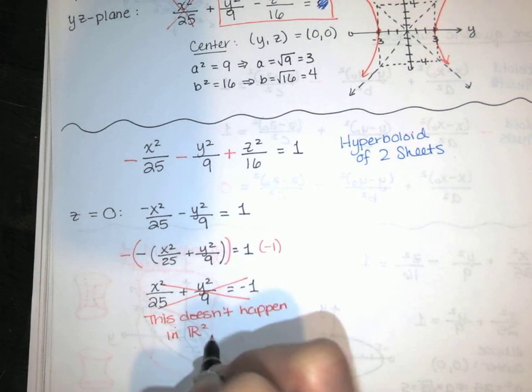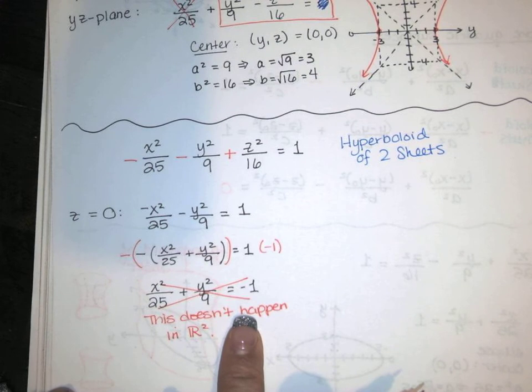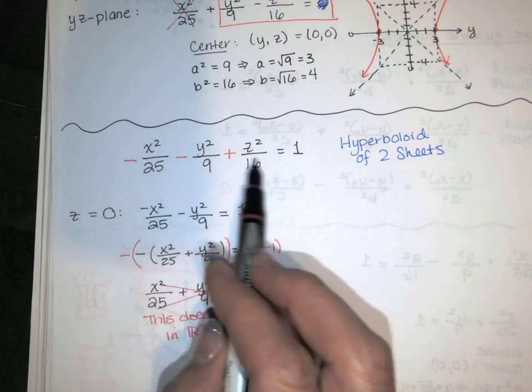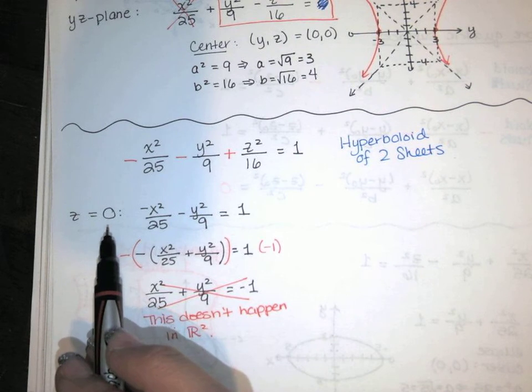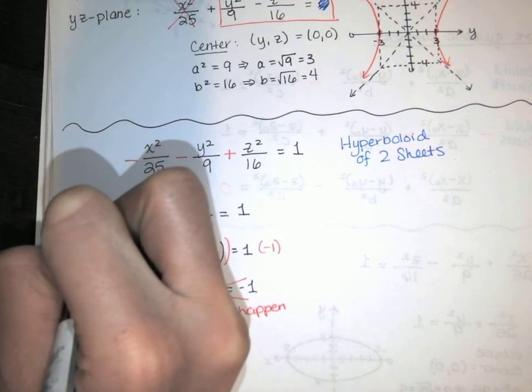I'm going to say in R2, where x and y are both real numbers. This never happens in the reals, so that tells us, well, this graph doesn't cross the plane z equals 0. And remember, the z equals 0 is the xy plane.